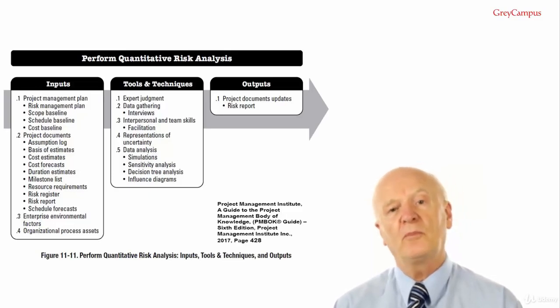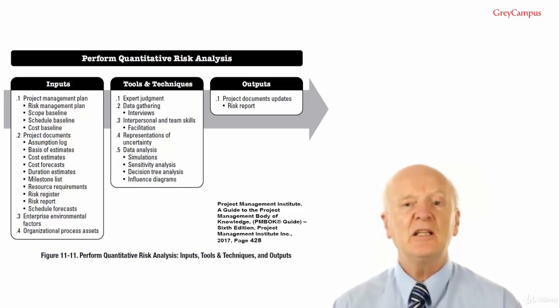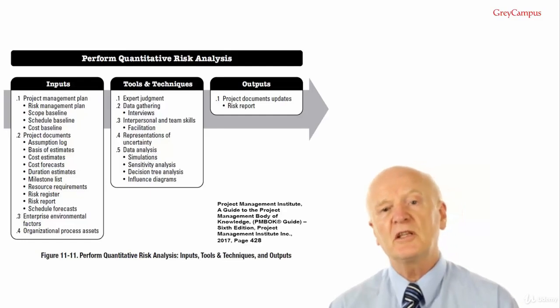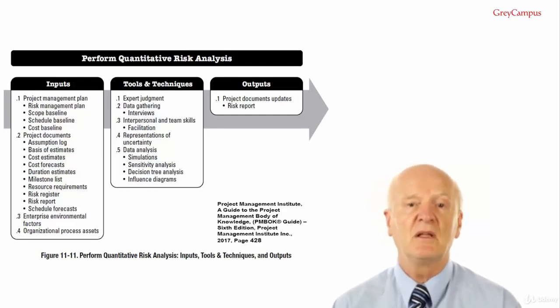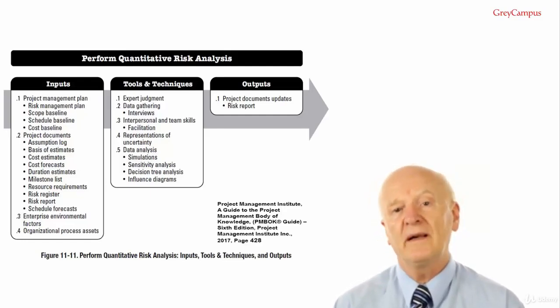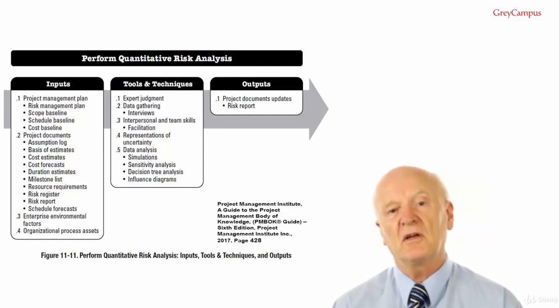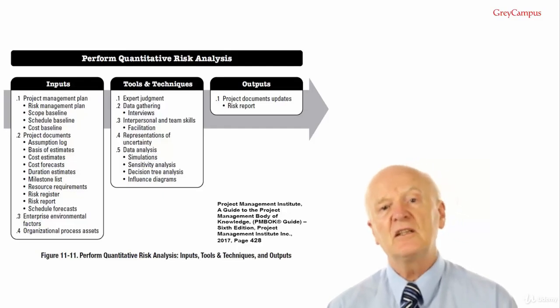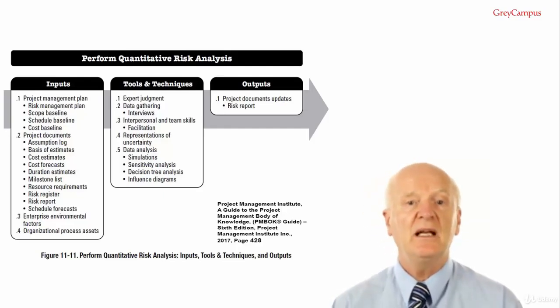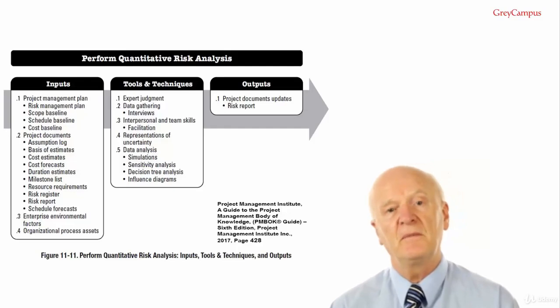First one, chances of project success, indicated by the probability that the project will achieve its key objectives. Example, required end date or interim milestones, required cost target, etc., given the identified individual project risks and other sources of uncertainty.